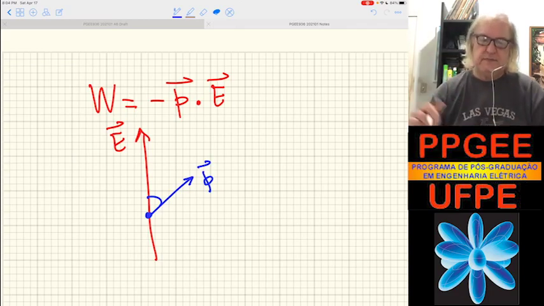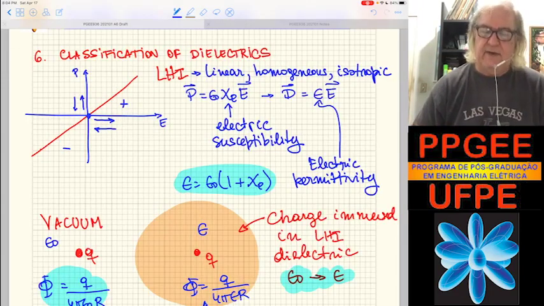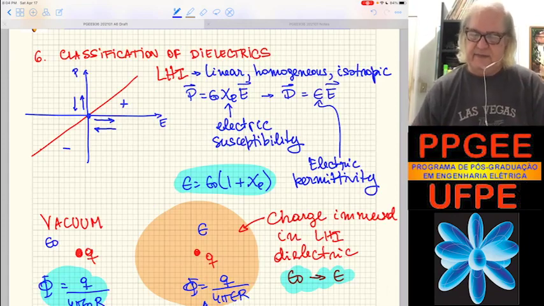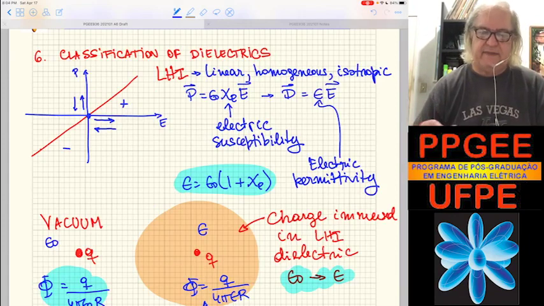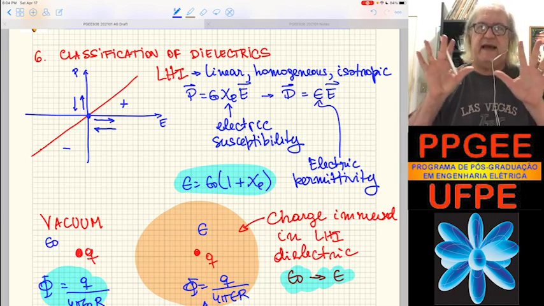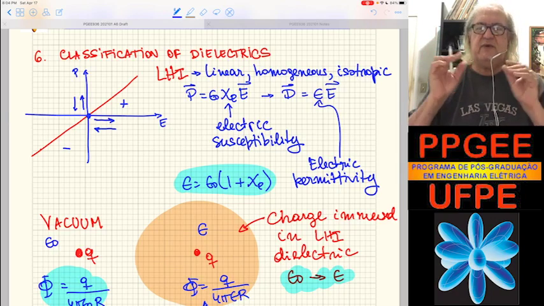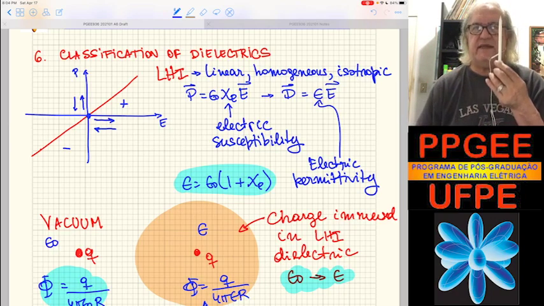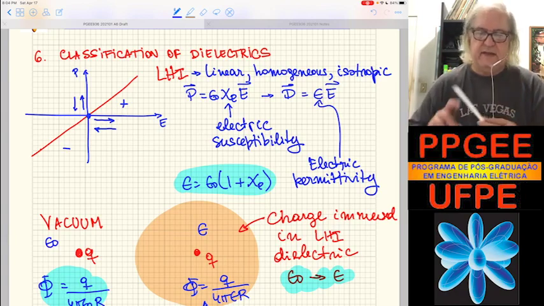So that's why we talk about alignment, right? In materials like those we are talking about, if you remove the field, alignment goes away. If you apply a field, everything aligns with the field. So I have a polarization in the same direction as the applied field.